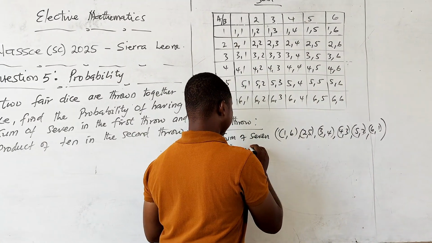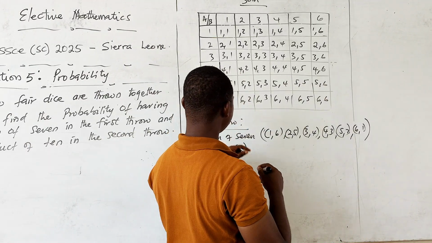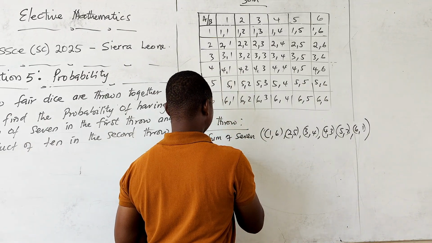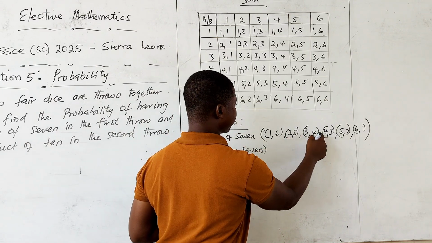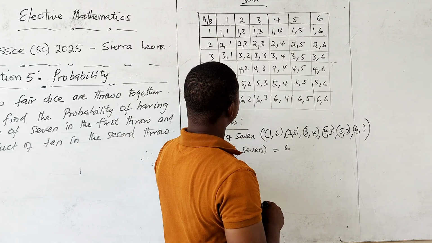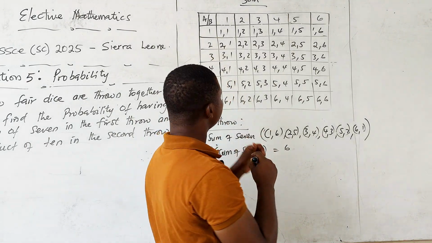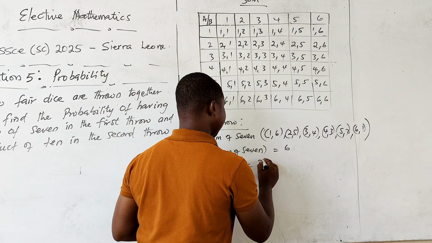So the number of events, the number of sums of 7, is 1, 2, 3, 4, 5, 6, which is equal to 6. Then we have the number of sample space, which is 36.